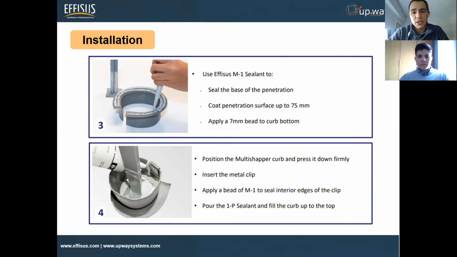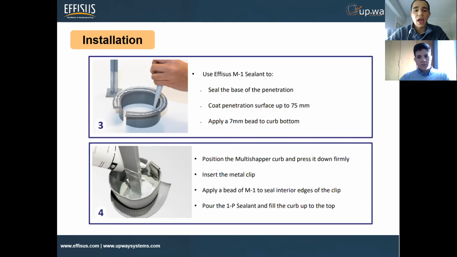After we position the multi-shaper curb and press it down firmly, we insert the metal clip that you were talking about, yes, we see it right here in this picture, to make that joint.